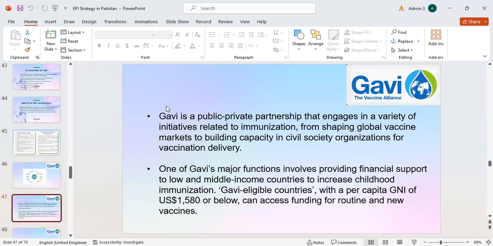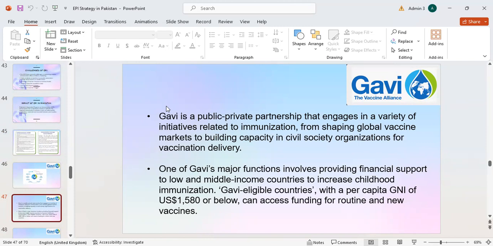Gavi. Gavi is a public-private partnership that engages in a variety of initiatives related to immunization, from shaping the global vaccine market to building capacity in civil society organizations for vaccination delivery. One of Gavi's major functions involves providing financial support to low and middle income countries to increase childhood immunization.